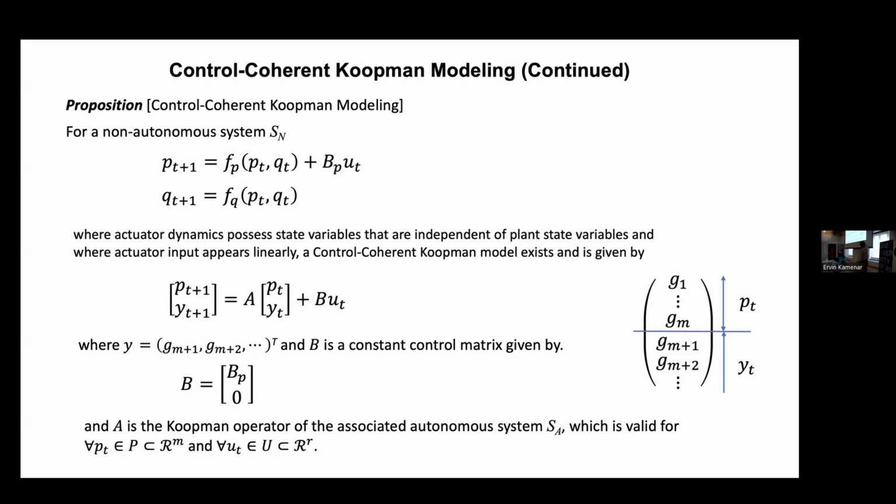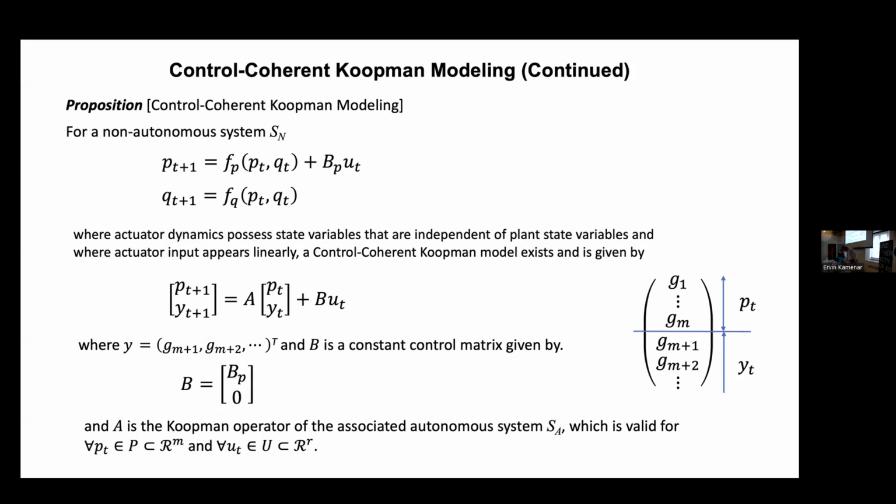Then I divide the lifted state variables into two parts. The first part is the actuator state variables p_t, and the rest are other observables put into y_t.